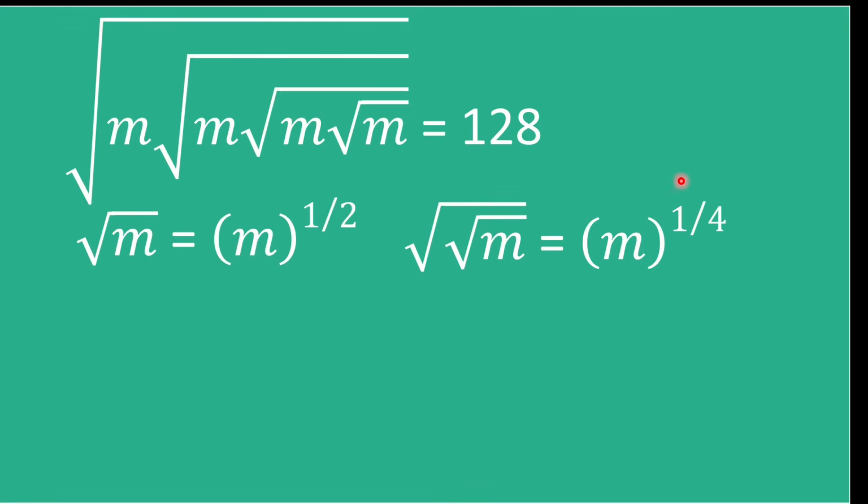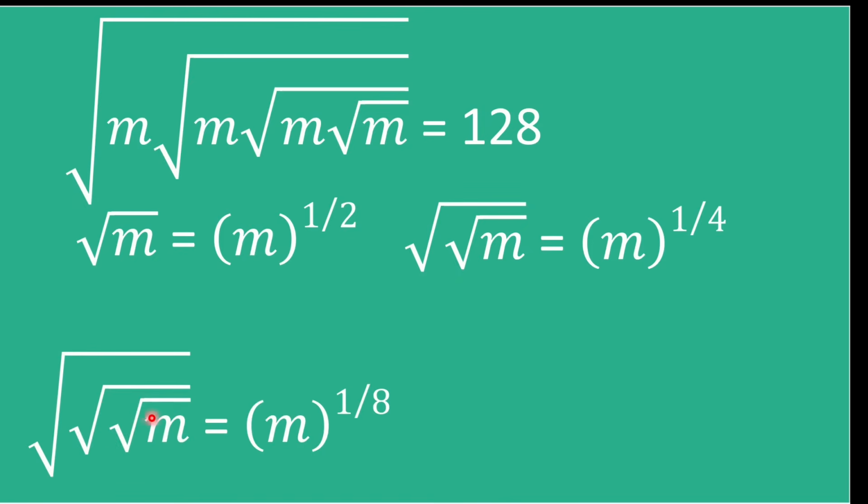So you can say that 1 divided by 2 is equal to half. So half multiplied by half is equal to 1/4, that is 25%. Now if we have 3 times square root, that is square root of square root of square root of m, this is equal to 1 divided by 8.